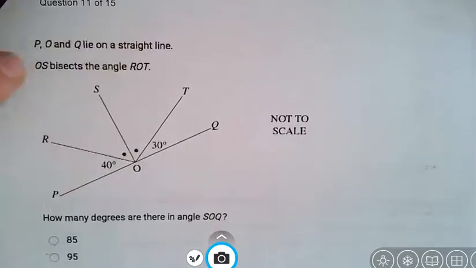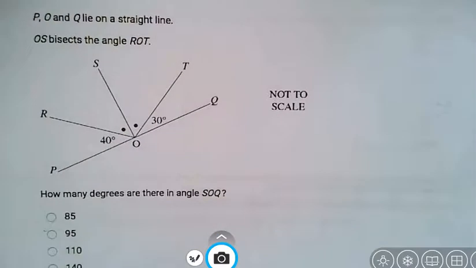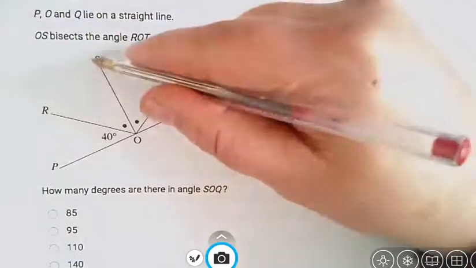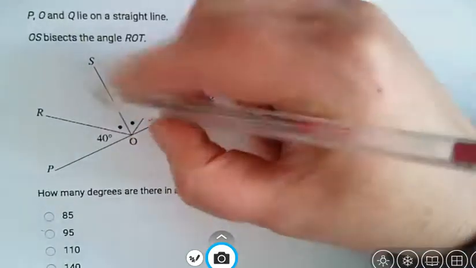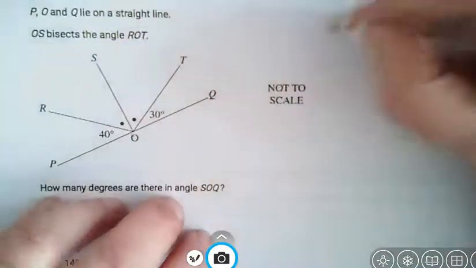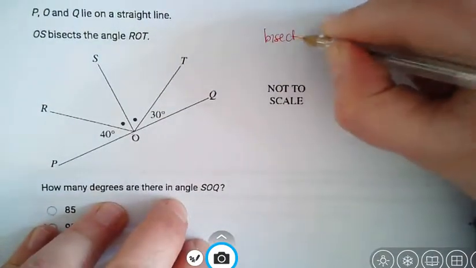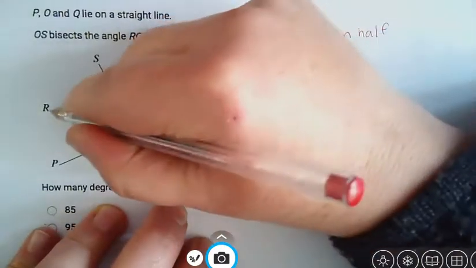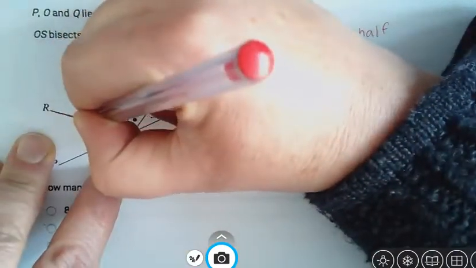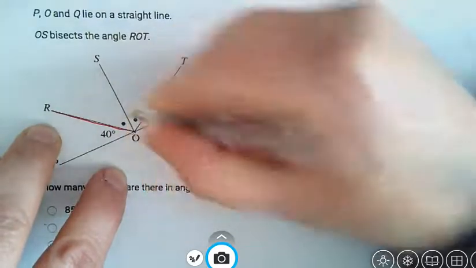Question 11. P, O, and Q lie on a straight line and OS bisects the angle ROT. So that's indicated by the equal dots. Bisect means to cut in half. So you have to know which one the angle ROT is. So we've got ROT.